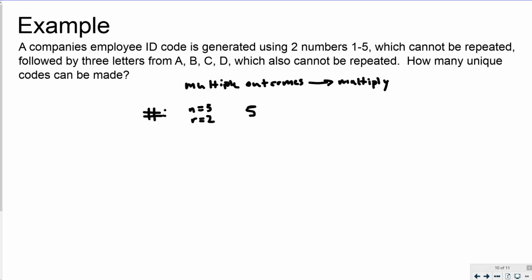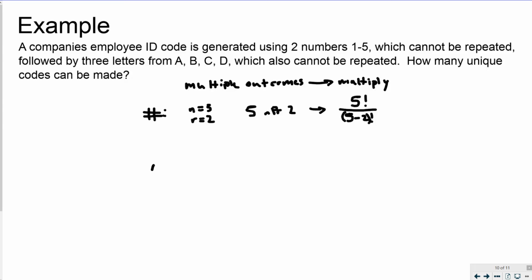So it would be 5P2, which would be 5 factorial on the top over 5 minus 2 factorial on the bottom.